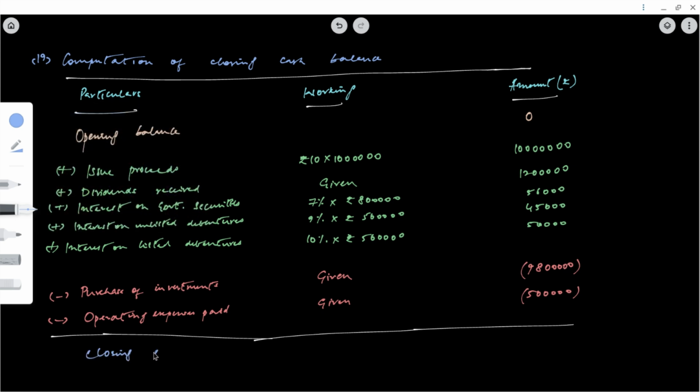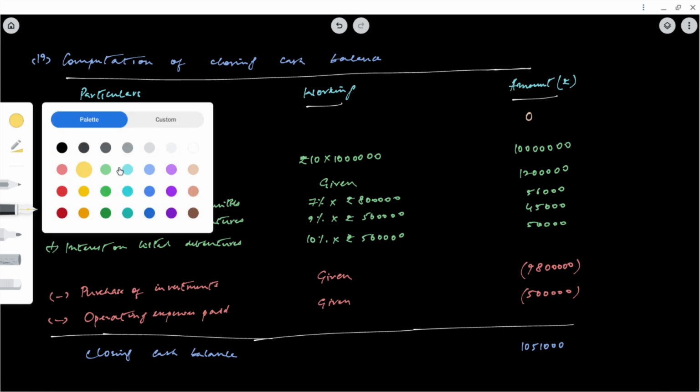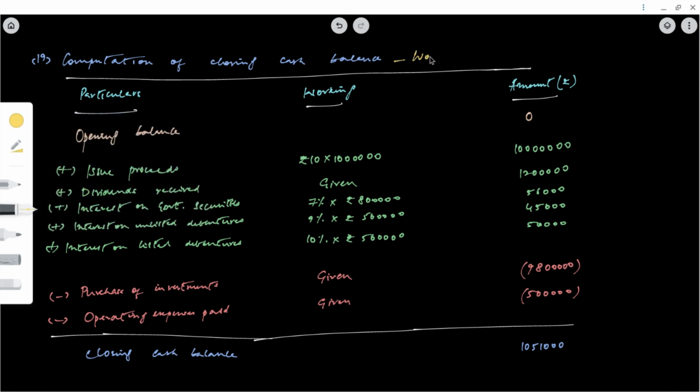Opening balance is 0, and we have a list of additions and a list of subtractions. Performing this operation, we get 10 lakh 51,000. So this is the closing cash balance, and this is working note 1.